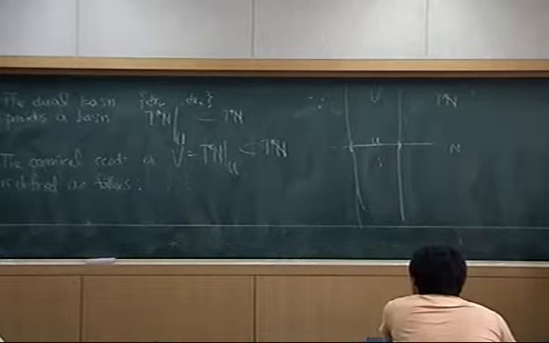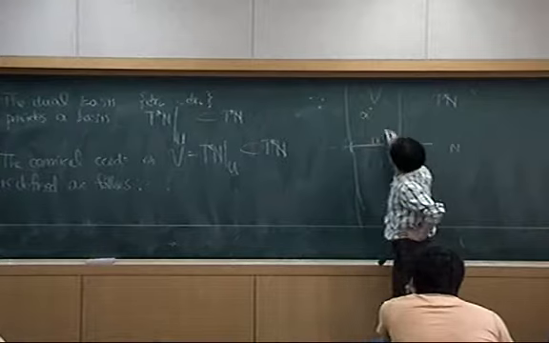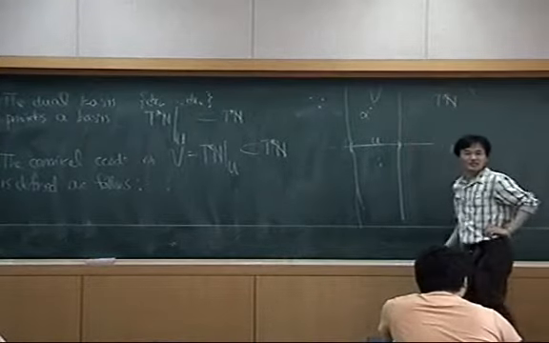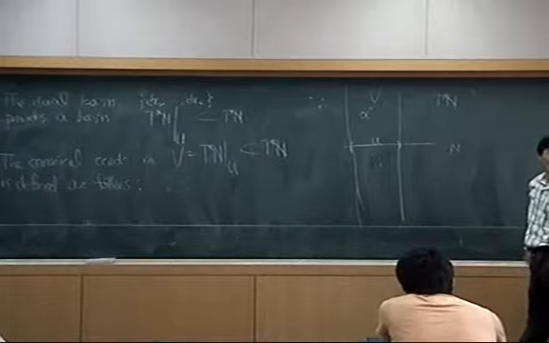So suppose you're given a point here, alpha. And how do we describe the coordinate of this point alpha?